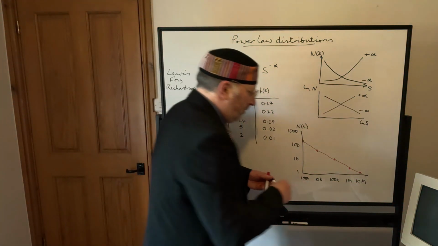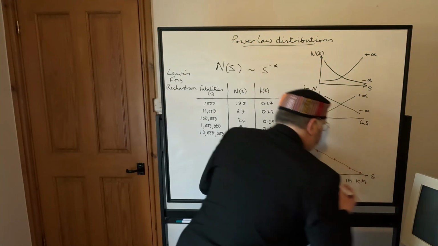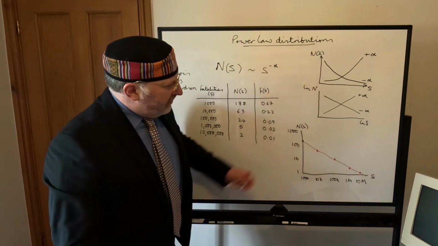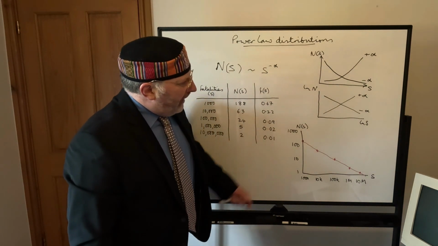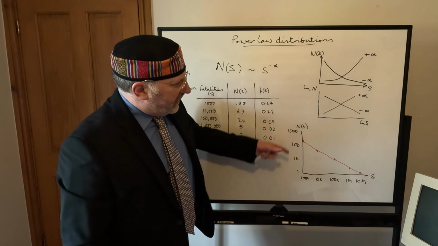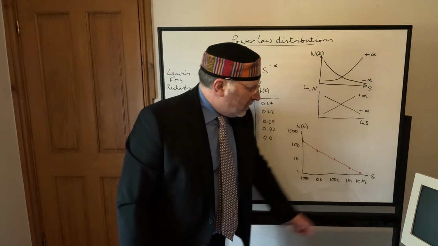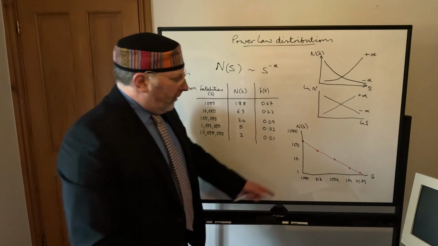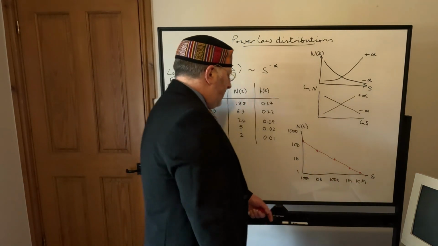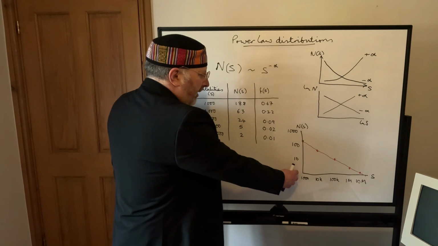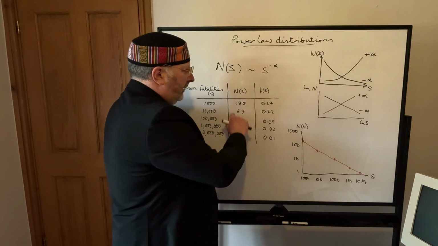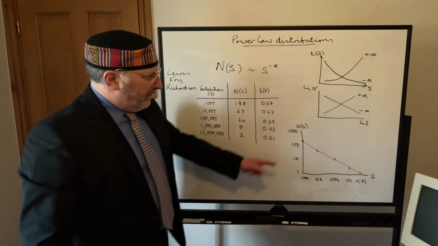That's the size there. So here is a logarithmic plot. That's the number of a particular size up the y-axis and the size of the wars along the x-axis. So from 1,000 to 10 million, and the numbers from 1 up to 1,000. Well, 188 was the largest number.